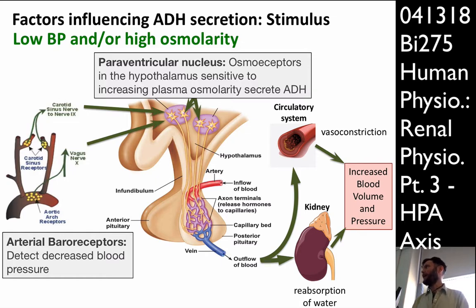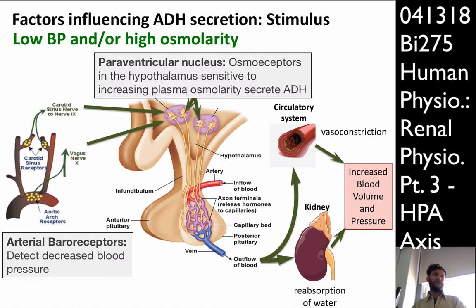Blood comes in and then carries the ADH throughout the body, and ADH is going to have two effects. First of all, it's going to cause the circulatory system to contract. The blood vessels are going to contract, raising the blood pressure, essentially reducing the effective volume of your circulatory system, and thus pumping up the blood pressure a little bit.